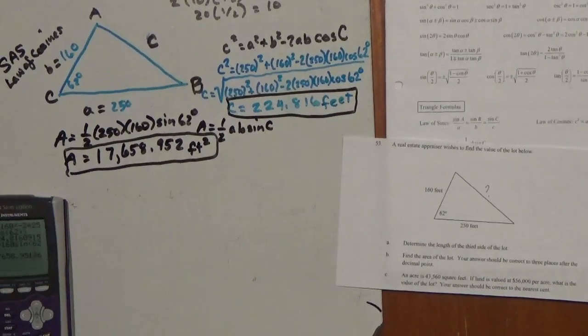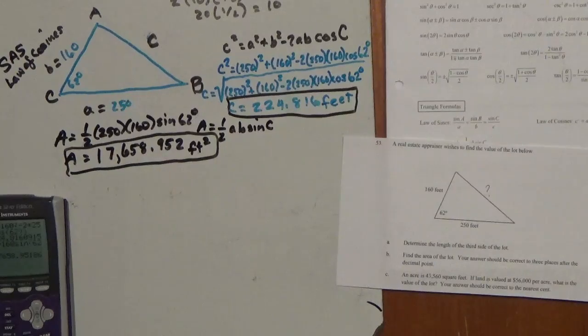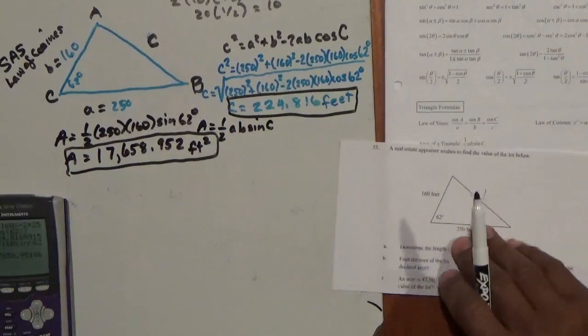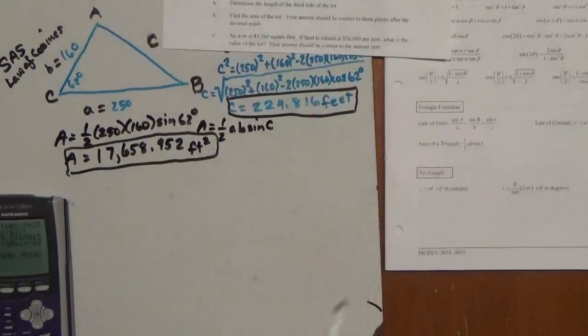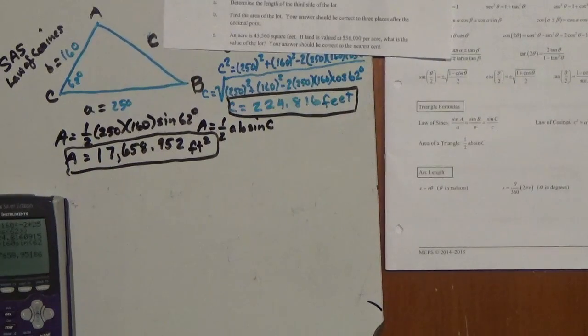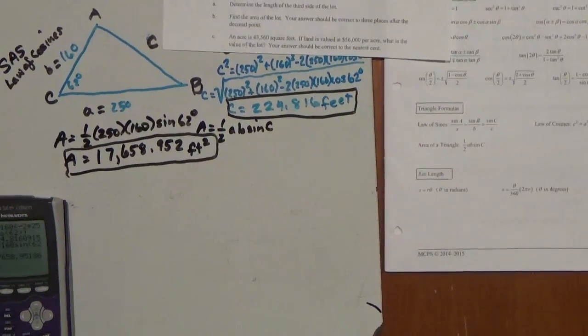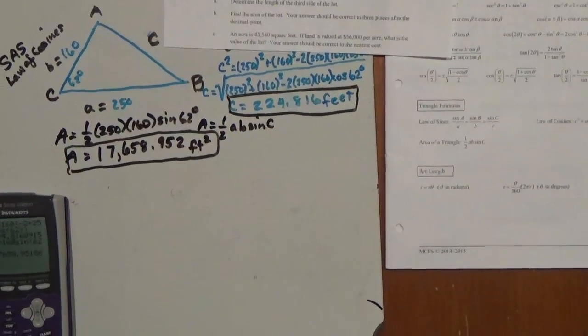Now that I know the area, it says an acre is 43,560 square feet. If the land is valued at $56,000 per acre, what is the value of the lot?